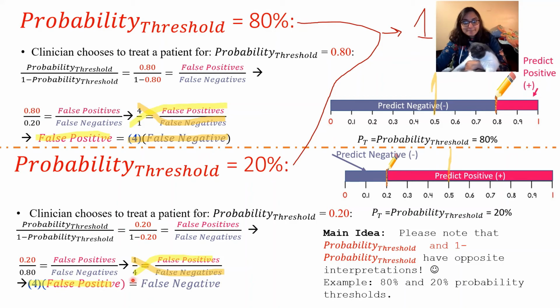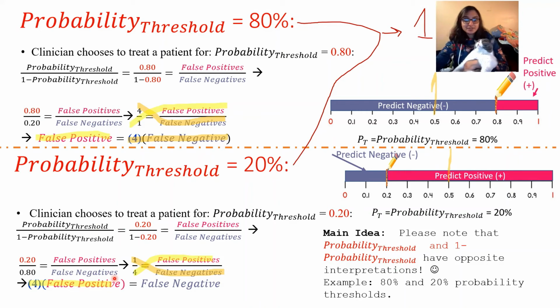So instead of 1 false positive having the harm of 4 false negatives, it's the opposite, where the harm from 1 false negative is the same or even worse than the harm of 4 false positives.